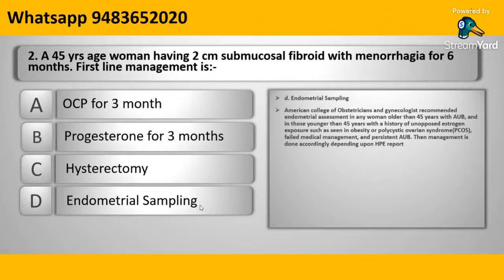The American College of Obstetrics and Gynaecology (ACOG) recommended endometrial assessment in any woman older than 45 years with abnormal uterine bleeding, and in those younger than 45 years with a history of unopposed estrogen exposure, such as seen in obesity or polycystic ovarian syndrome, failed medical management, and persistent abnormal uterine bleeding. Then the management is done accordingly depending upon the HPE report. So you have to do the endometrial sampling. So correct option here is endometrial sampling.